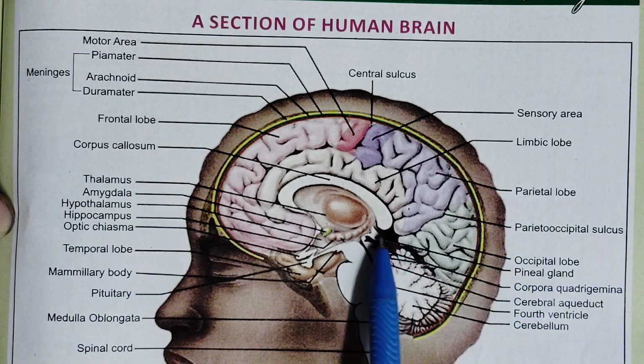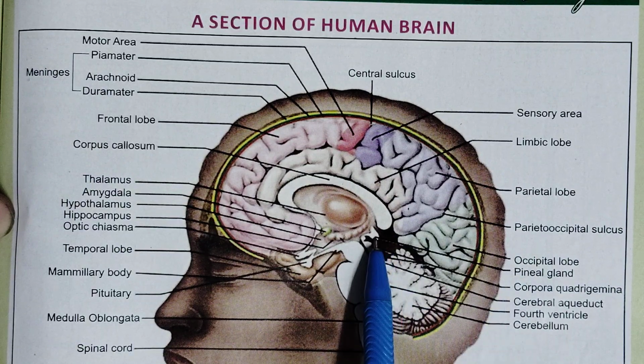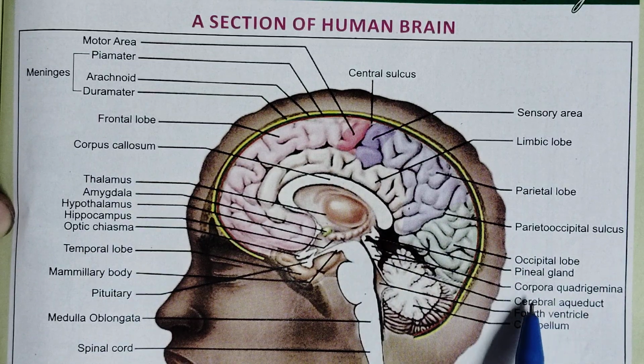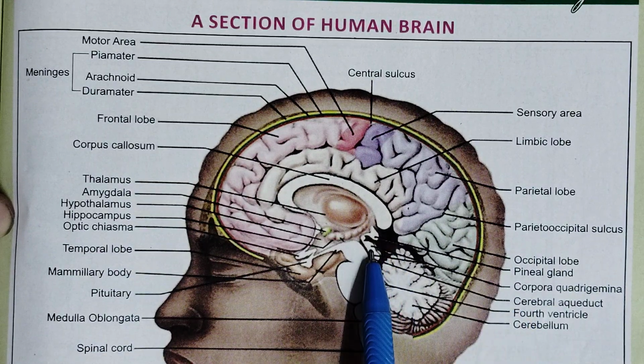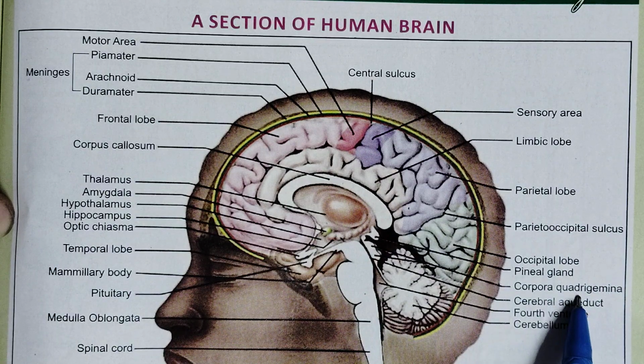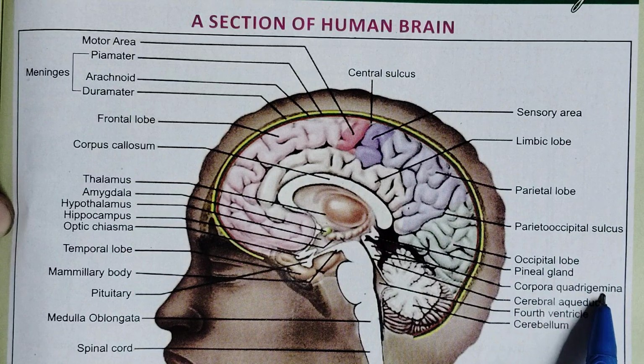Above the medulla oblongata, inside the brain, there is a very small connected gland. The name is pineal gland. Below the pineal gland, there is a small white color part. This is corpora quadrigemina.